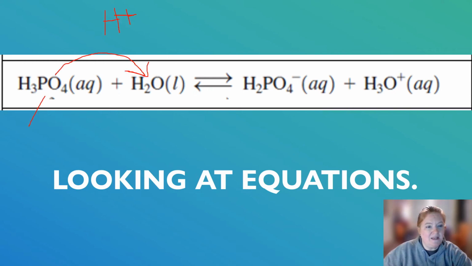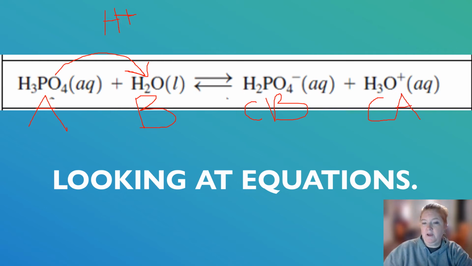That makes this the acid, the H plus or proton donator, and this the base, the proton or H plus acceptor. So if this is the acid, this is the conjugate base. And if this is the base, this is the conjugate acid. They pair together, because if I go in reverse from this back to here, I would have to donate to get back there. That's why it's the conjugate acid.